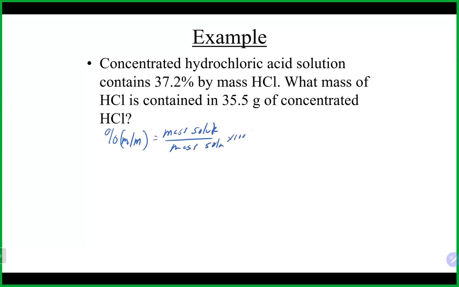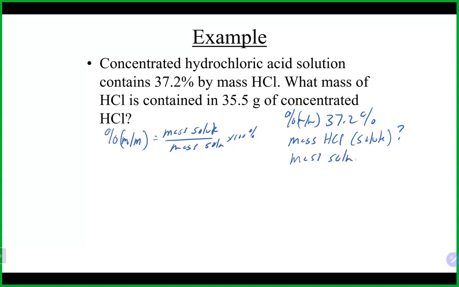And in this particular problem, we're actually given the percent mass to mass, which is 37.2%. We're looking for the mass of our HCl, which is our solute. And we have the mass of the solution, which is 35.5 grams.